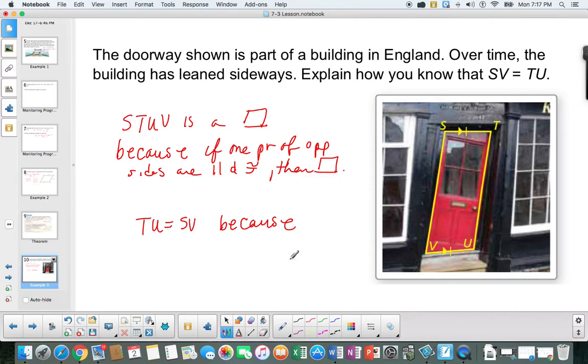Now once the figure has been established to be a parallelogram, I know that this side is congruent to this side because if you have a parallelogram, then opposite sides are congruent.